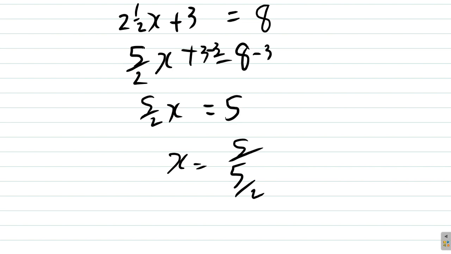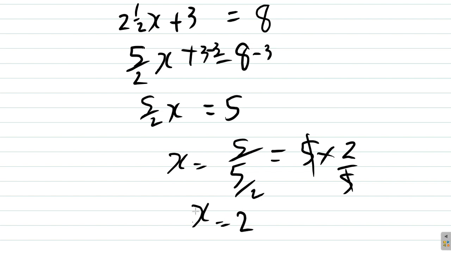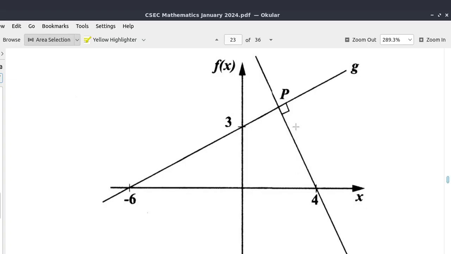And then this is going to be 5 multiplied by... Remember what you do when you have a number over a fraction. You multiply by the reciprocal of the fraction. There is 2 over 5. They cancel down, so x is equal to 2. So x is 2 at that point.